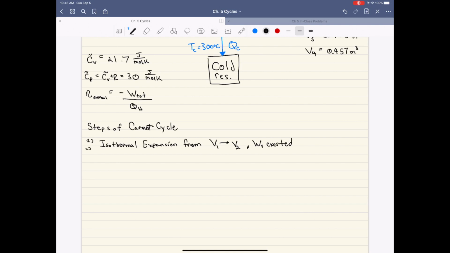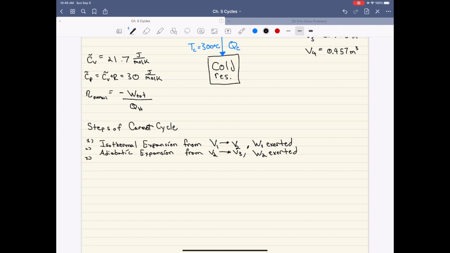The second step is an adiabatic expansion from volume 2 to volume 3, and work 2 is exerted.